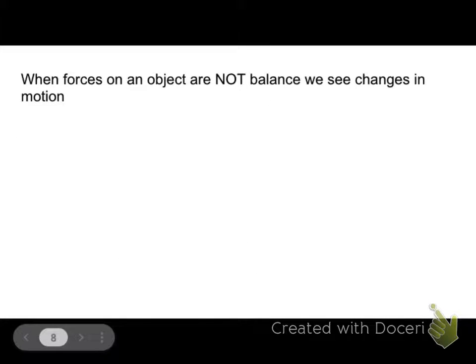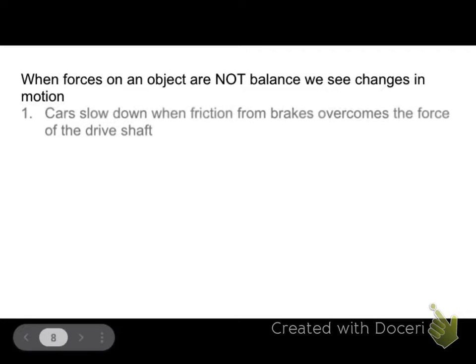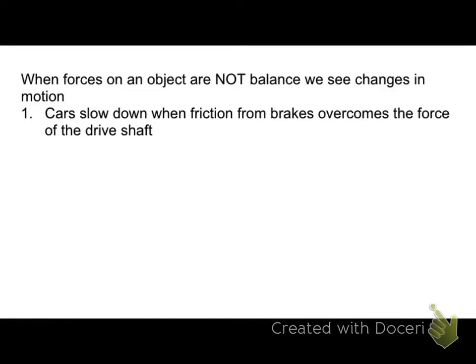When forces on an object are not balanced, as we just discussed, that is when we see changes in motion happening. Okay, so cars slow down when friction from their brakes overcomes the force by the drive shaft. So that becomes an unbalanced force. As long as the friction from the brakes or from the road is equal to the force exerted by the engine on the drive shaft, then the car doesn't slow down.